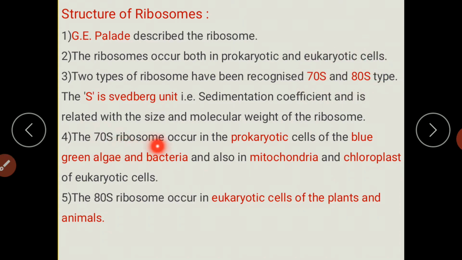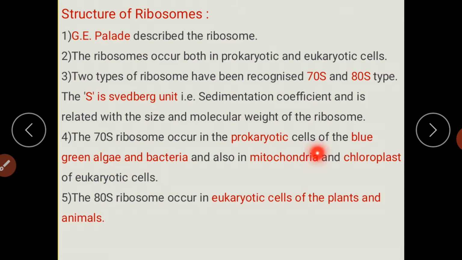The 70S ribosomes occur in the prokaryotic cells of blue green algae and bacteria, and also in the mitochondria and chloroplast of eukaryotic cells.